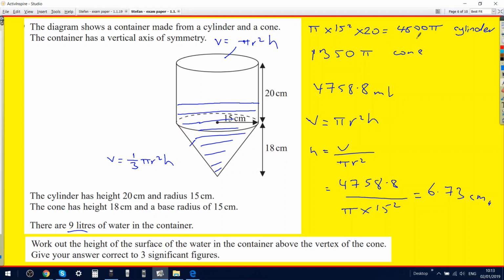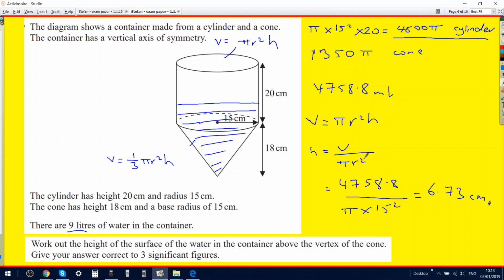So you didn't need to find the total volume for the cylinder. You were told, so basically it's 9,000 milliliters, which is like 9,000 centimeters cubed. It's similar when you convert them into volume. So you have to say what height it reaches.